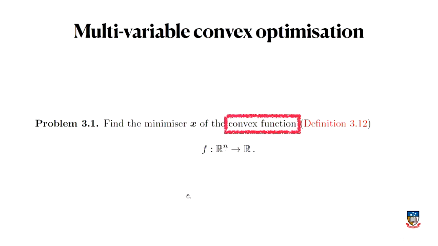So that convex function word is important, and we will talk a lot about it later. Ignore it for now, and just think about the fact that x is now a vector. That's the important thing for us. So we're going to look for minimizers where we have to find lots of different numbers.